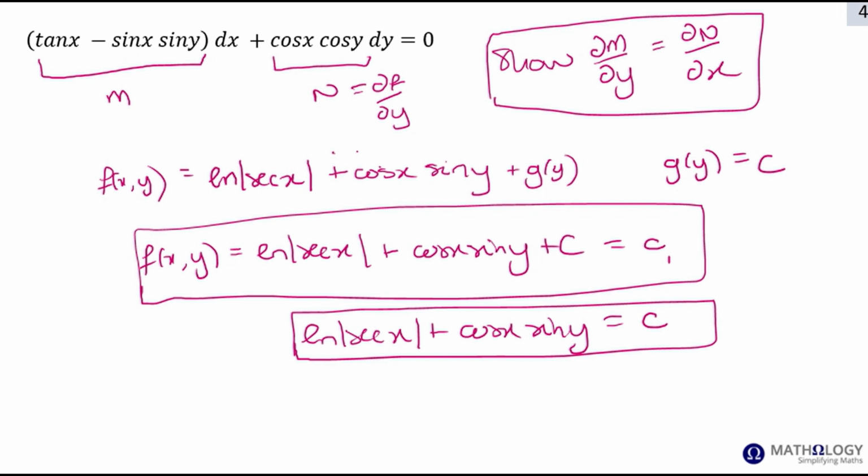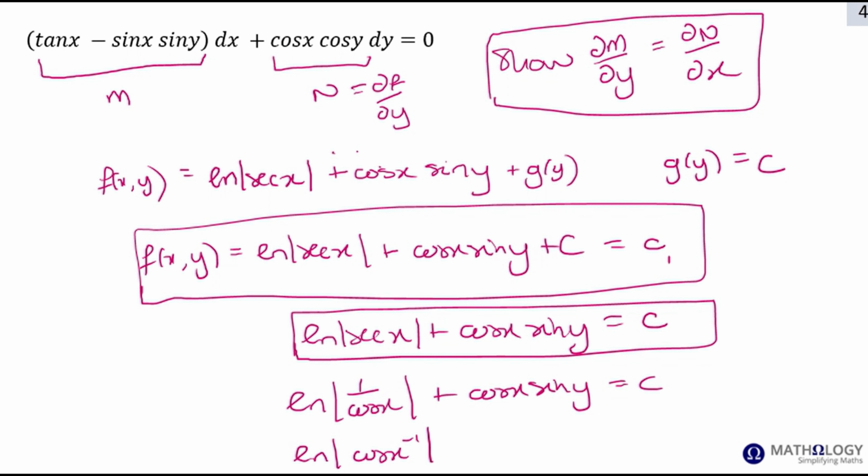An alternative form of that would be to express this as ln 1 over cos x plus cos x sine y equals c. This would be ln cos x to the minus 1.